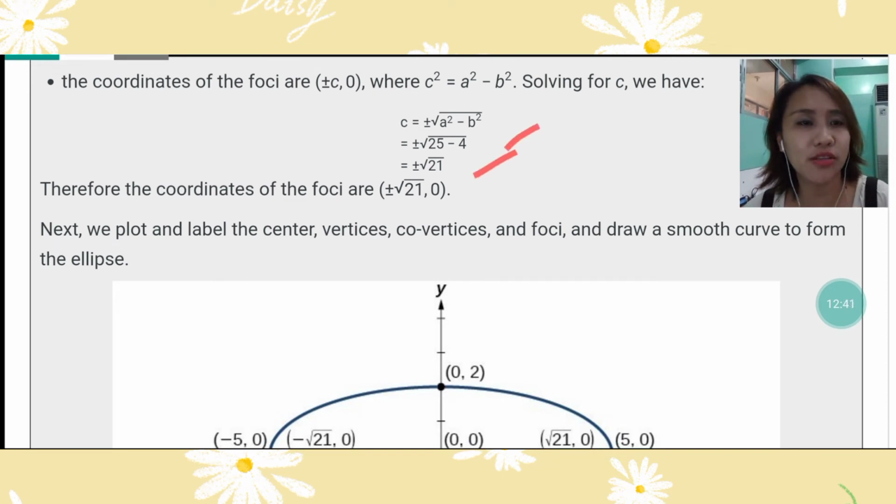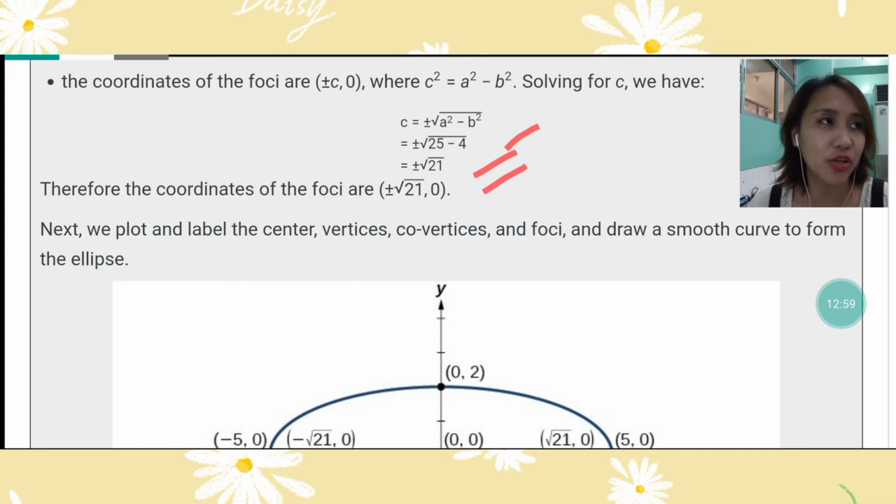By subtraction, that's 21. The square root of 21 we cannot simplify further, so just leave it as is. We were already able to find the center, the vertices, the co-vertices, and the foci.